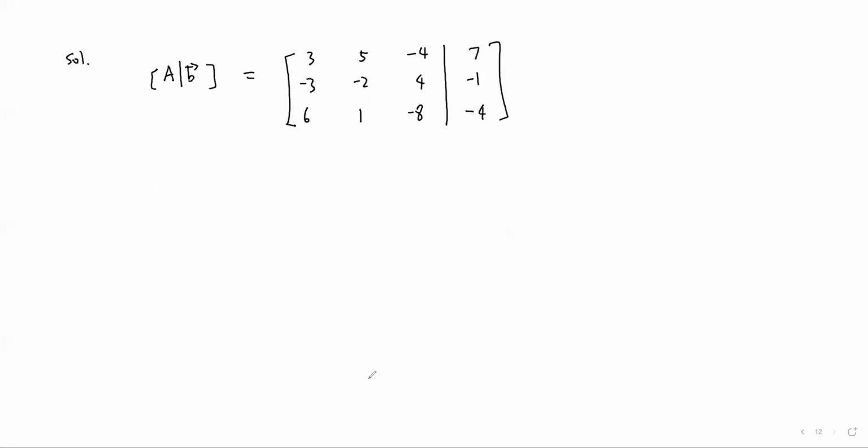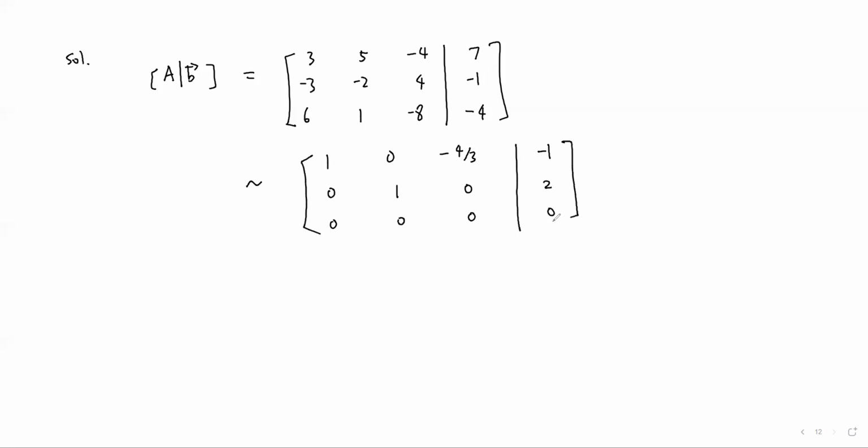How to solve the linear system? Forward elimination reduces the augmented matrix to echelon form. Then backward elimination further reduces echelon form to reduced echelon form. I skip the details. The reduced echelon form is (1, 0, -4/3 | -1), (0, 1, 0 | 2), (0, 0, 0 | 0).